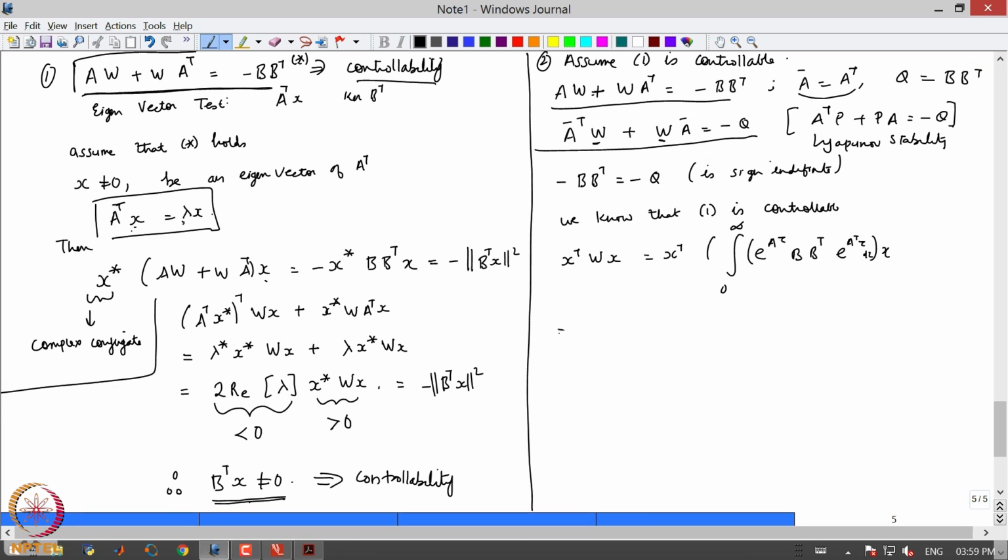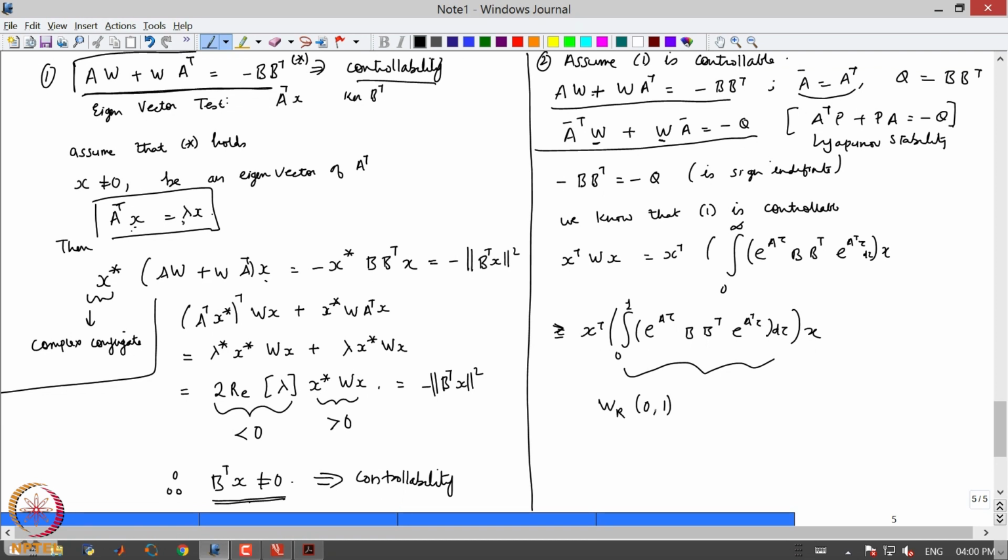Now, it can be checked that I can easily write this as greater than or equal to x transpose, integral from 0 to 1 of e power A tau B B transpose e power A transpose tau d tau, times x. Now, this is just the controllability Gramian defined from initial time 0 and a final time 1.